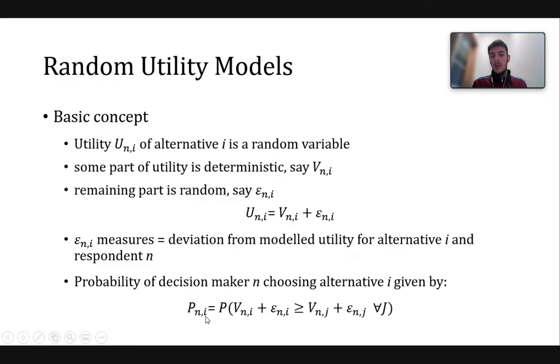Then the probability of the decision maker n choosing alternative i is given by this equation here, okay? So the sum of the deterministic component and the random component should be at least equal to the utility that we get for alternative j, okay?